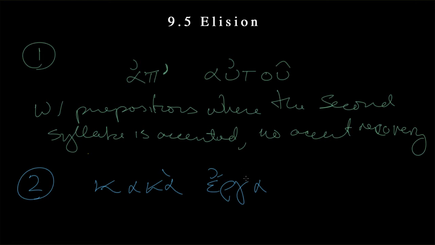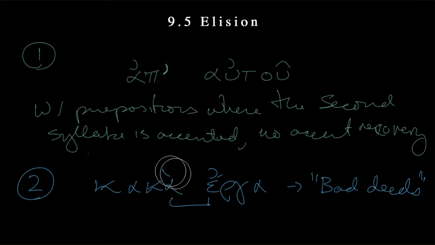Kaka erga, bad deeds, or bad actions. So again, we're running into a problem, a vowel before another vowel. This is going to trigger elision. So we drop that final vowel of the first word, mark its absence with an apostrophe. And in this case, when it's not a preposition, the accent's going to go back onto the preceding syllable.